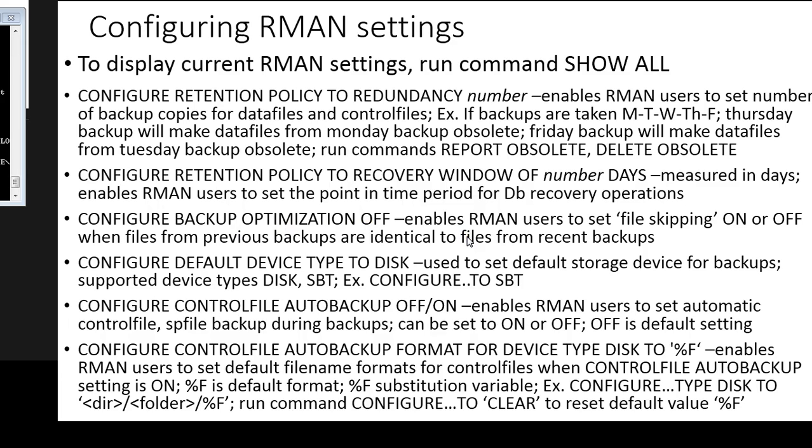This is to skip files if you perform multiple backups, right? You turn backup optimization on to capture only changed files from one backup to another, and if you have identical files, those will not be backed up.